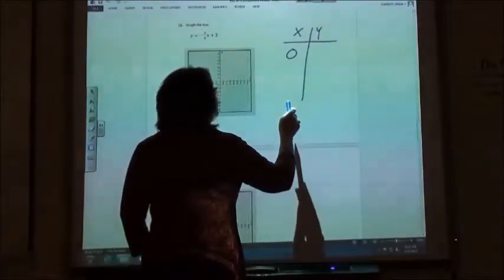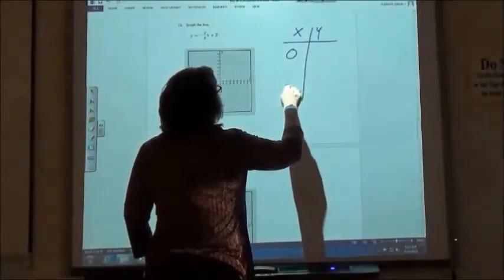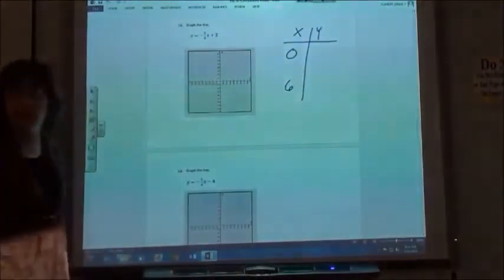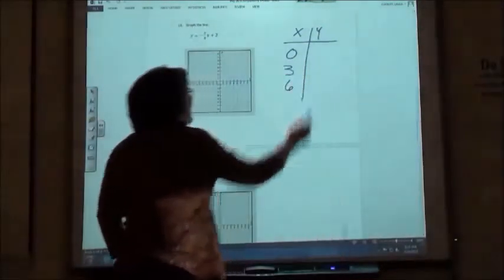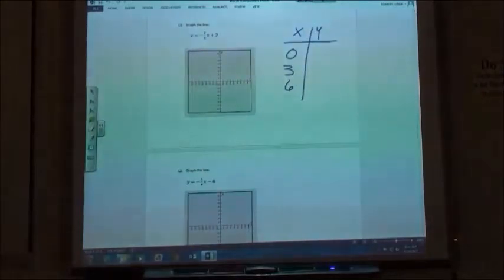Okay, we could do 6 and 9. 9 might be too big. What would be something in between the 0 and the 6 we could use? 3. So 0, 3, and 6 would probably be good. We might be able to use 9, but I'm worried 9 would get too big and wouldn't fit on our graph.